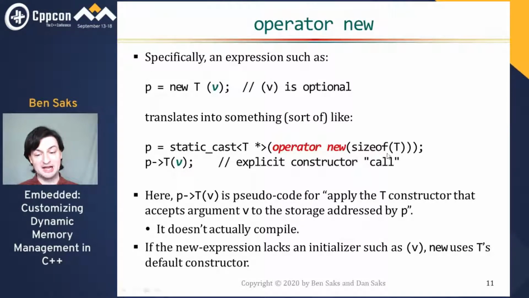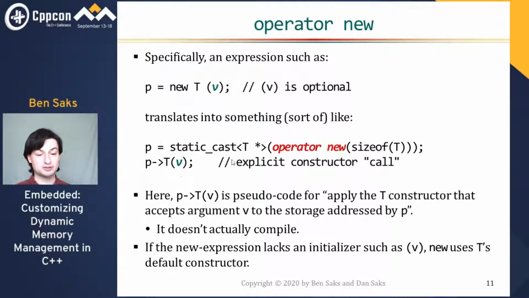We pass it the size of the object we want to allocate, just like we did with malloc. And the compiler will automatically generate code to convert that to a pointer to a T and assign that to P. That's basically the same as what malloc did, just using slightly different words. The second step here is to essentially call a constructor on that object that we've just allocated to initialize it.